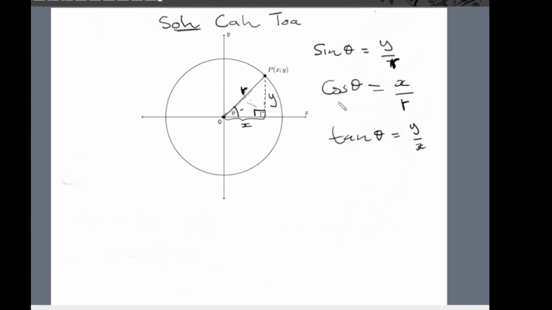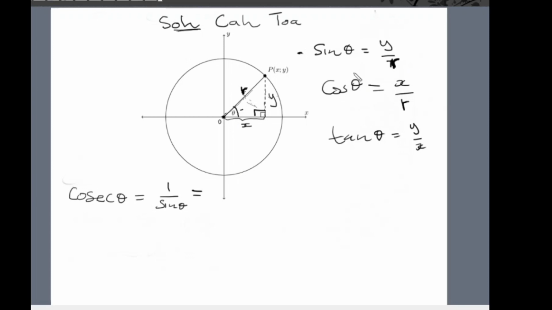And then we also have reciprocals. Remember that the reciprocal of sine is cosec. Cosec theta is the reciprocal of sine, meaning cosec theta is 1 over sine theta. You will just invert or swap the denominator and the numerator.